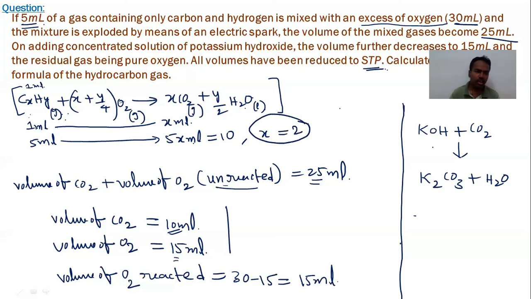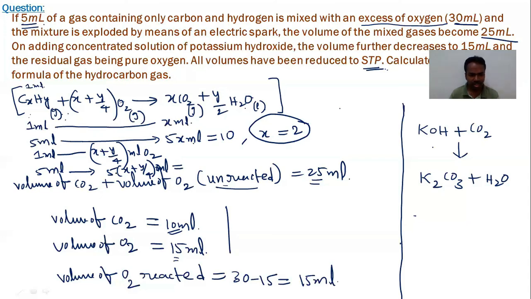In the same way, 1 ml of hydrocarbon can react with (x + y/4) ml of O2. Then 5 ml can react with 5 into (x + y/4) ml of O2.